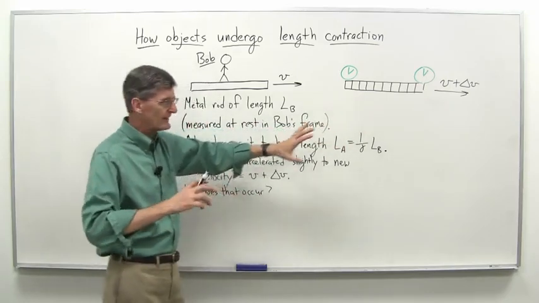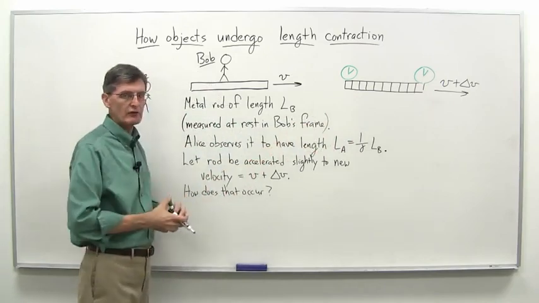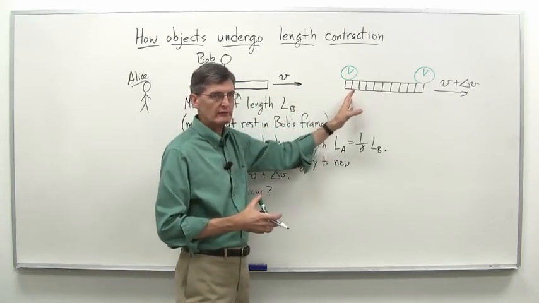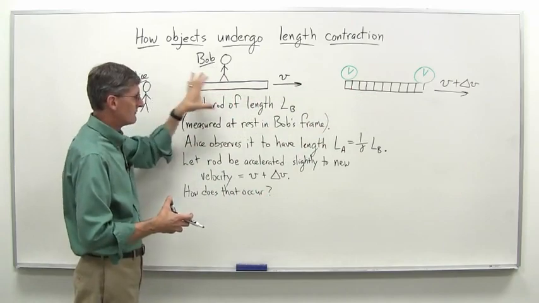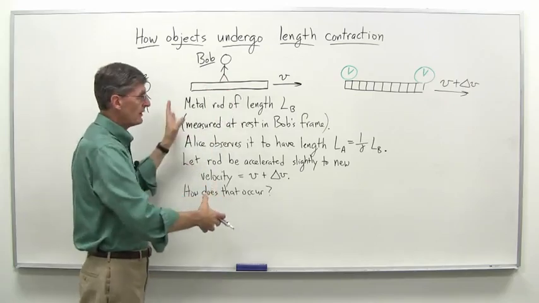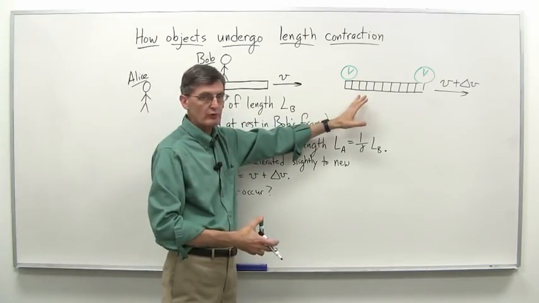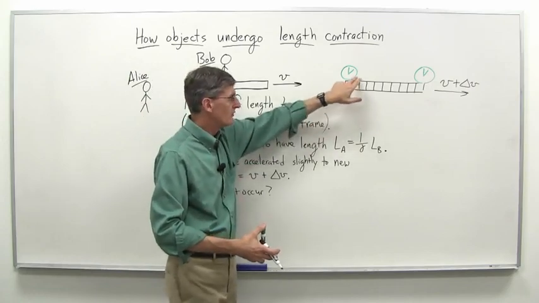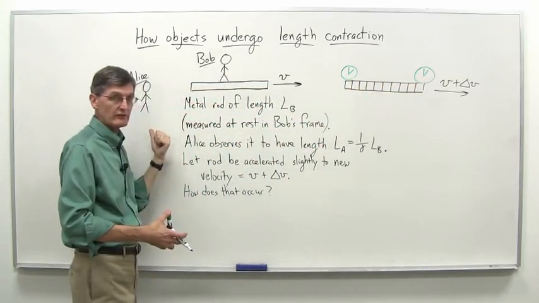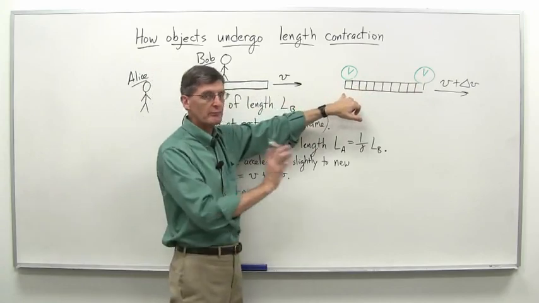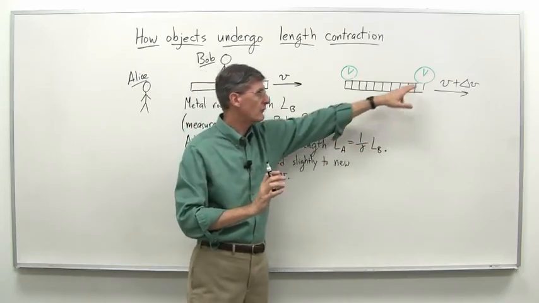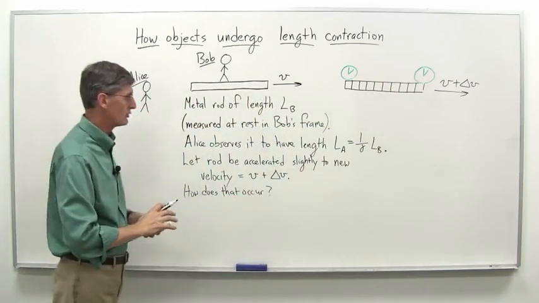Okay, so hopefully that gives you an idea of how things actually undergo length contraction. It has to do with the relativity of simultaneity. You can keep a proper length, a rest length, constant in Bob's reference frame, but when you need to move it up to a new velocity, then even though it's synchronized in Bob's frame, it's unsynchronized in Alice's frame, and that means the back gets a little push first, and so it compresses a little bit, so the length contracts before the front gets its little push there.